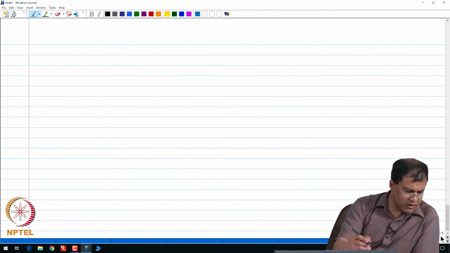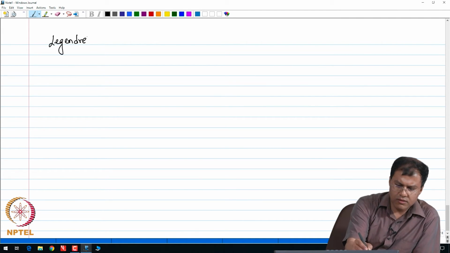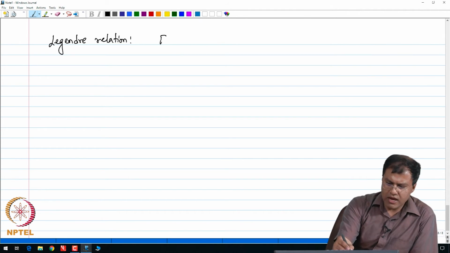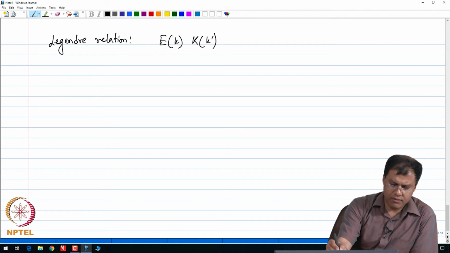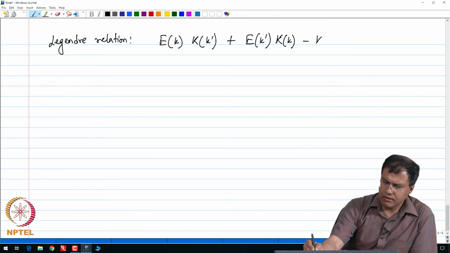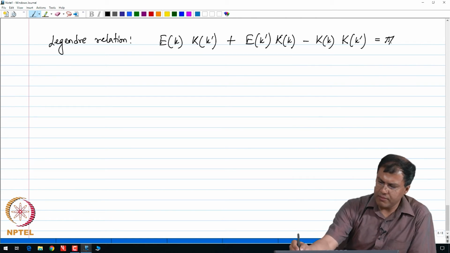One of the relations is the Legendre relation, which states that E of k times K of k prime plus E of k prime times K of k minus K of k times K of k prime is equal to pi by 2.